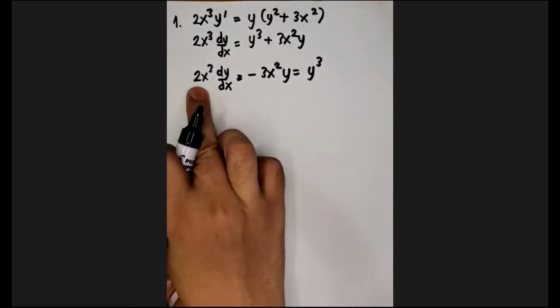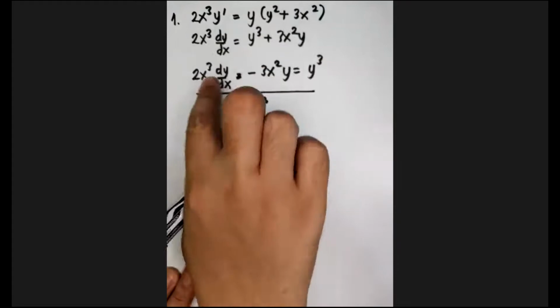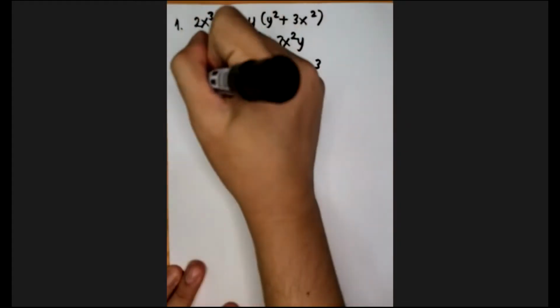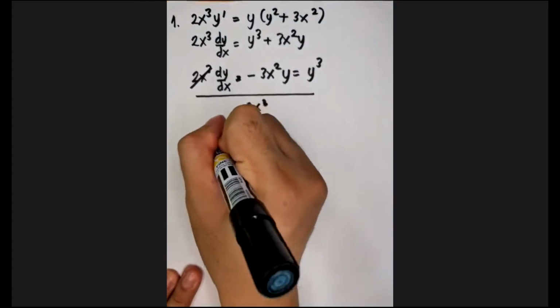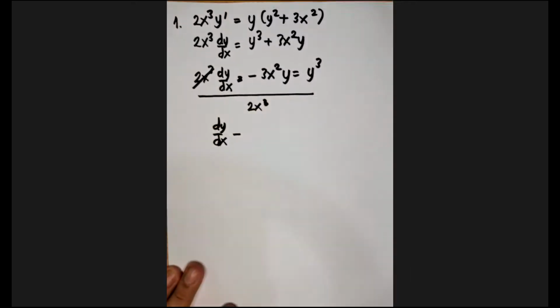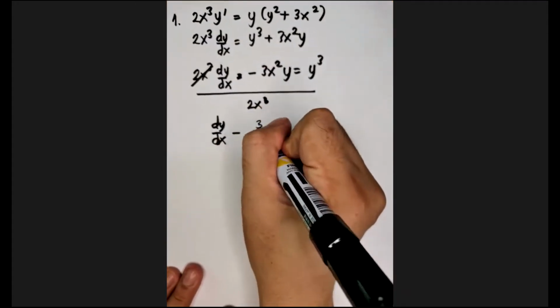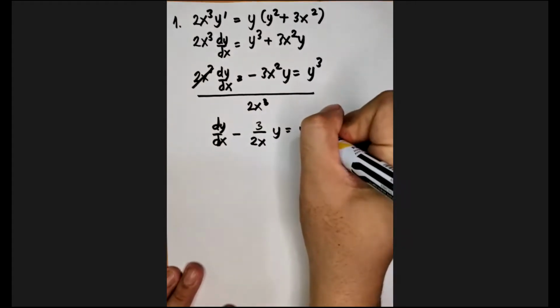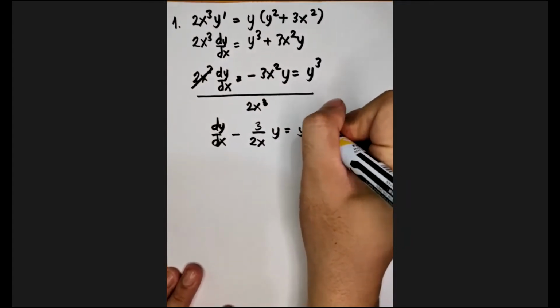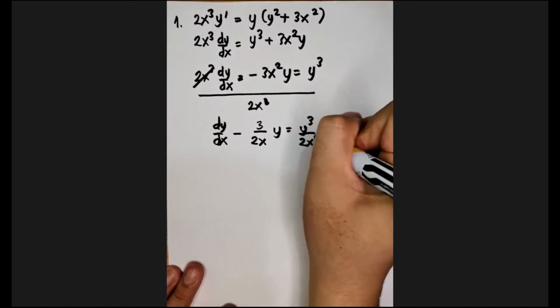Okay? And i-divide natin ito para mawala yung ating 2x cubed kasama yung dy over dx. So, magiging dy over dx minus 3 over 2xy is equal to y cubed over 2x cubed.